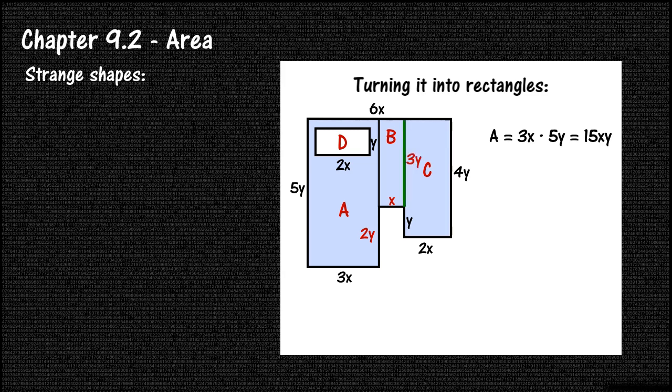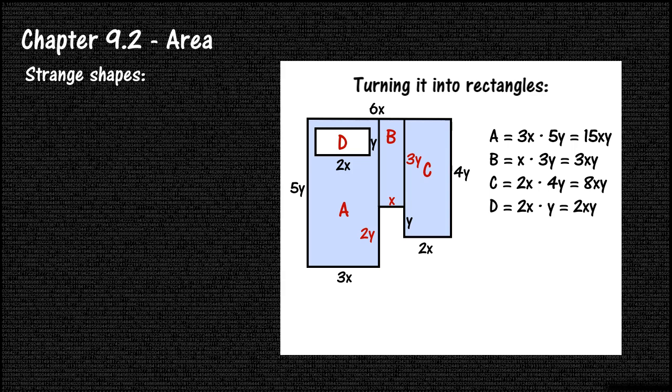I found this one by calculating 4y minus y. So the rectangle's area is 3xy. Rectangle C is 2x by 4y, so 8xy in total. And rectangle D is 2x by y, meaning 2xy is the area of the hole.